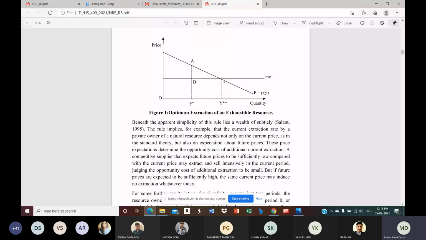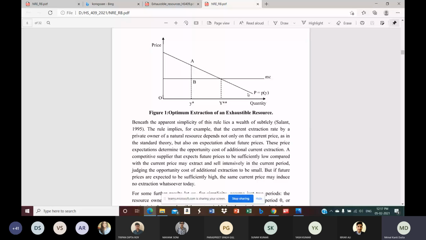This Y double star is the amount which needs to be produced or supplied when the marginal cost is taken as MC and the demand function is given like this. So this is the true picture in the case of reproducible ordinary goods and services.